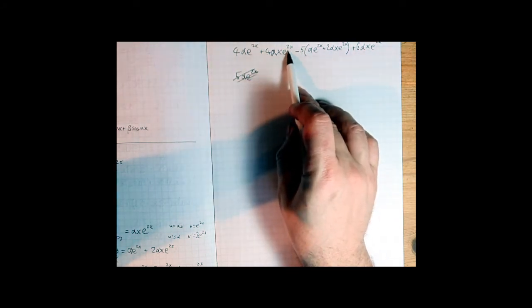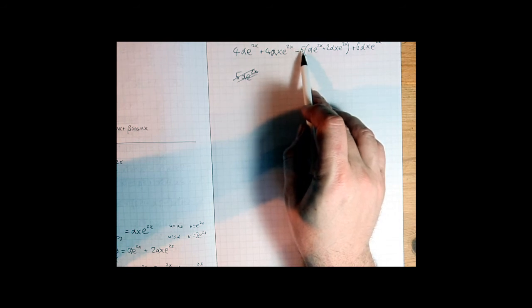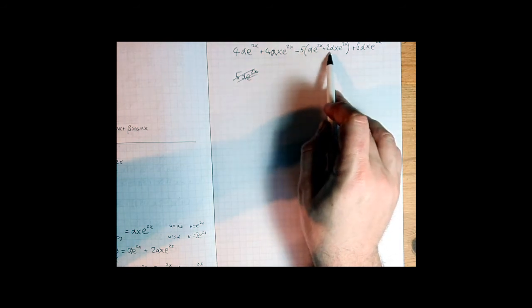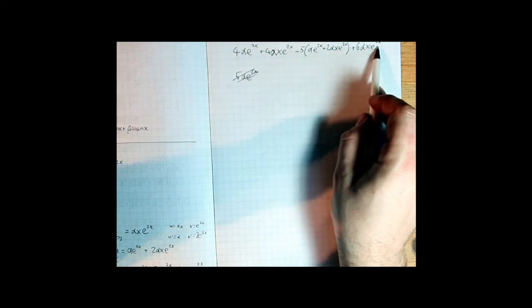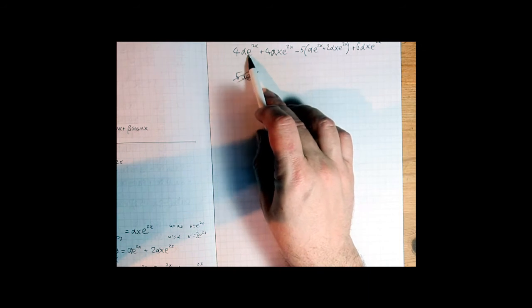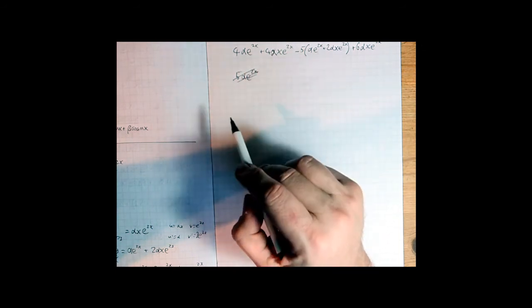Sorry, that's not correct, is it? 4 alpha x e to the 2x minus 10 alpha x e to the 2x plus 6 alpha x e to the 2x is 0. Good. And then I've got 4 alpha e to the 2x minus 5 alpha e to the 2x.